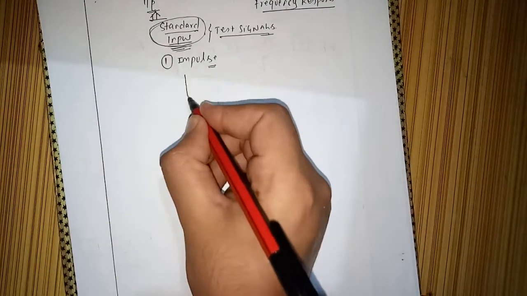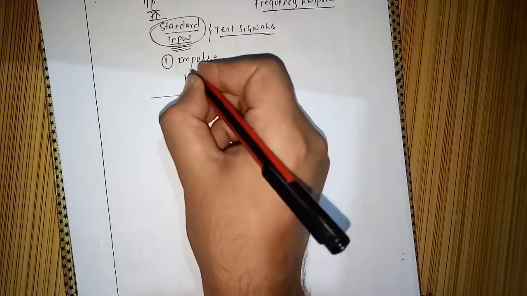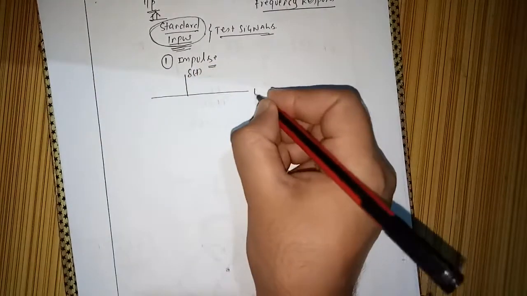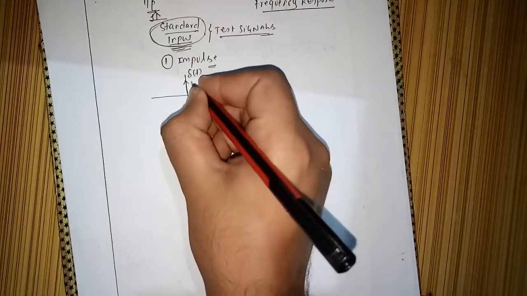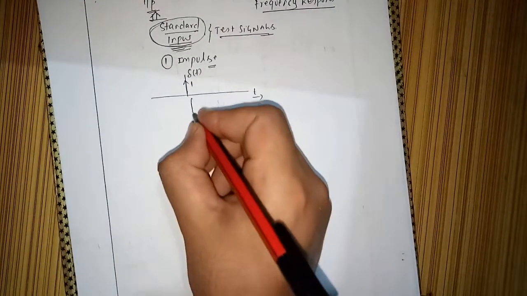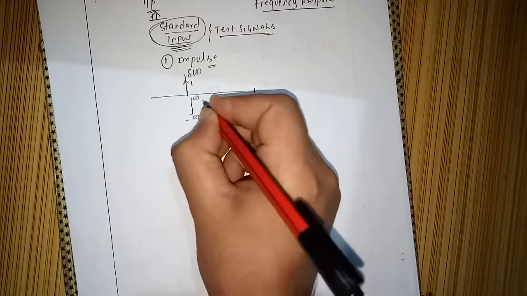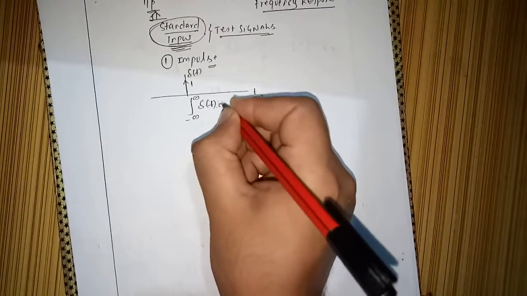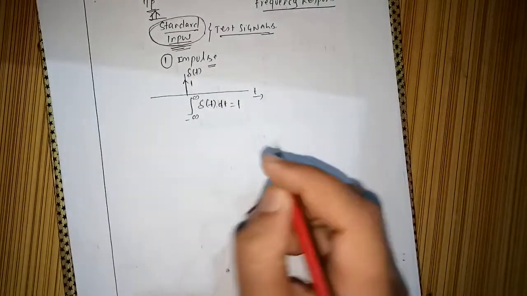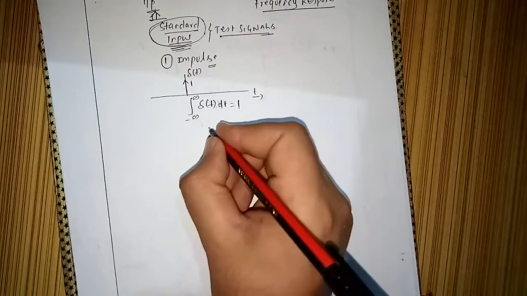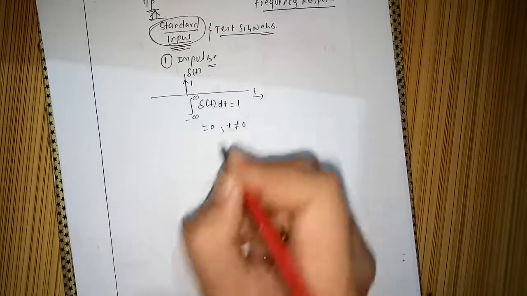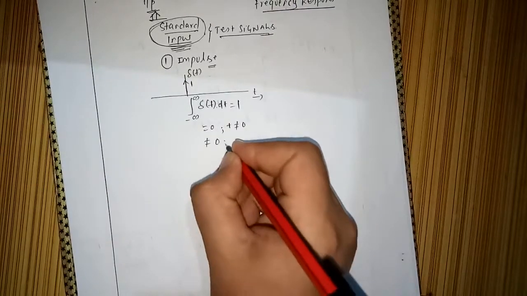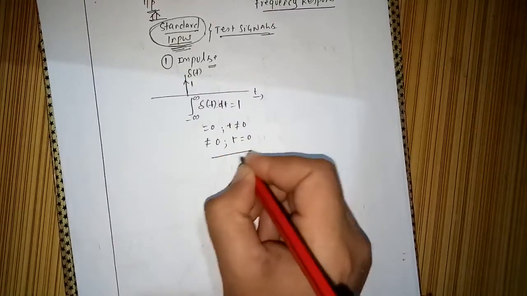Impulse is a Dirac function, with area 1. The integral from minus infinity to infinity of delta(t) dt is equal to 1, and it is equal to 0 when t is not equal to 0, and not equal to 0 when t is equal to 0.